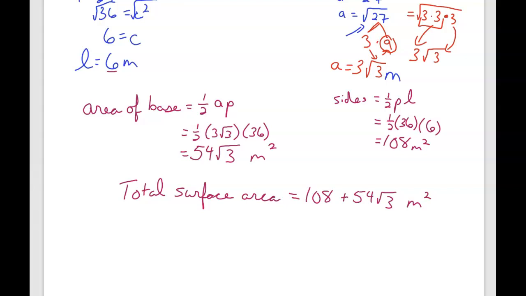So whenever it asks for exact values, whenever you have square roots, you basically break them down into their prime numbers, take out whatever has pairs, and leave whatever has individuals underneath the radical. Okay, let me know if you have any more questions.